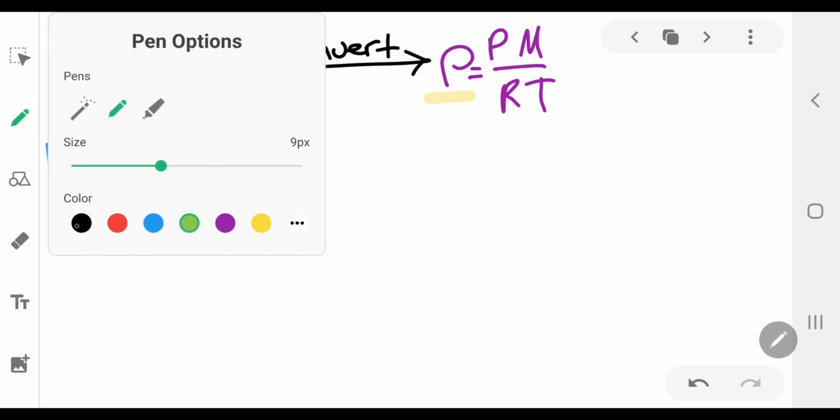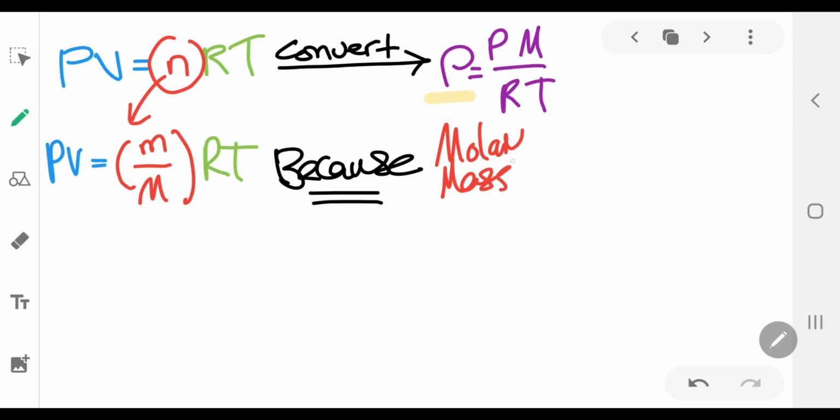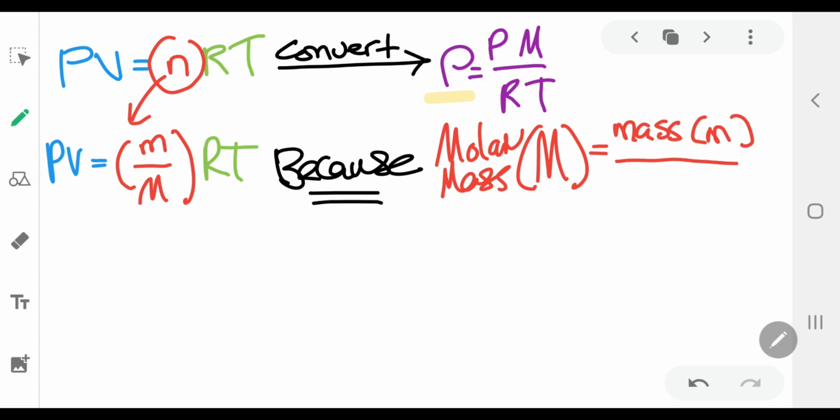Why? Because if you still remember, molar mass, which we're just going to put as capital M for now, is defined as mass in grams, the symbol is small m, over the number of moles, and the letter we're going to use is small n.